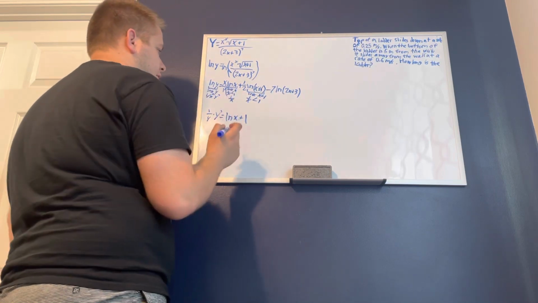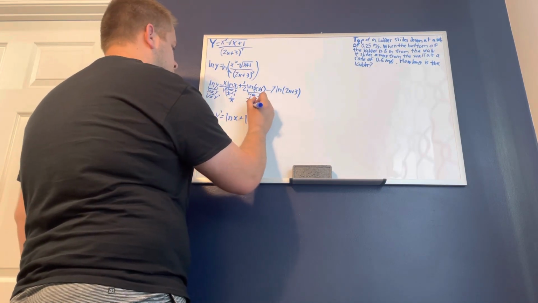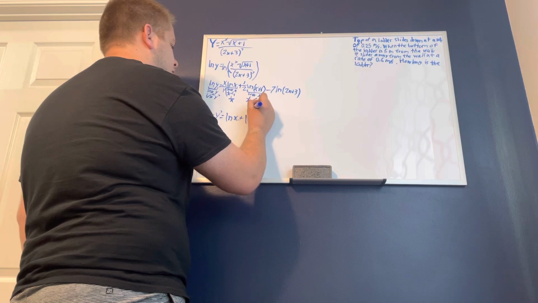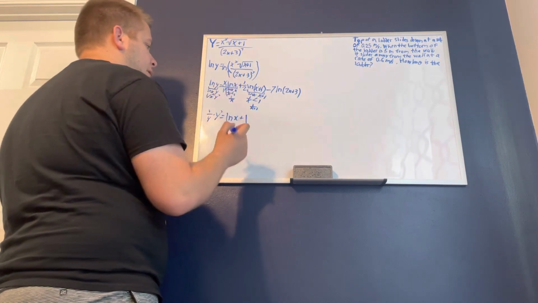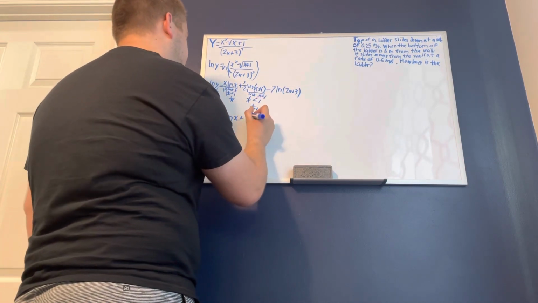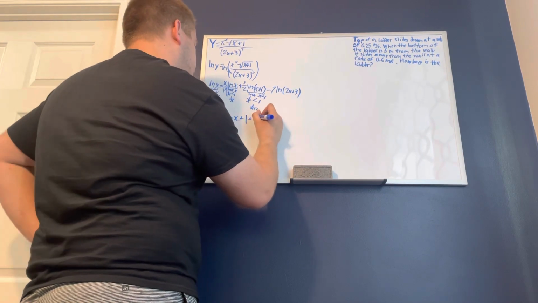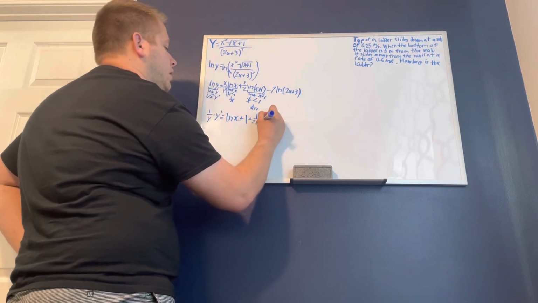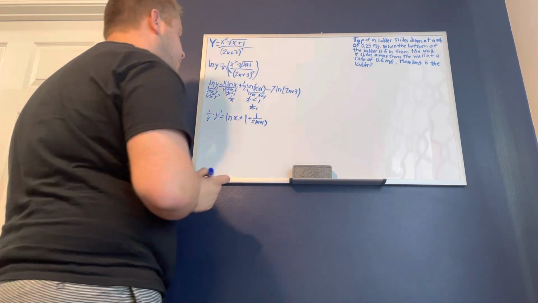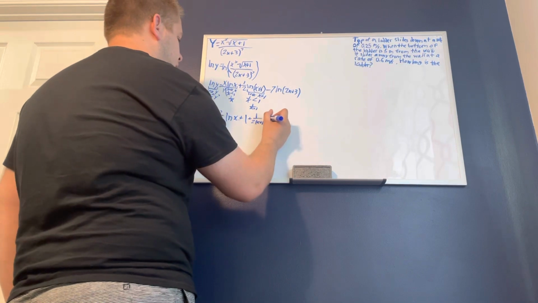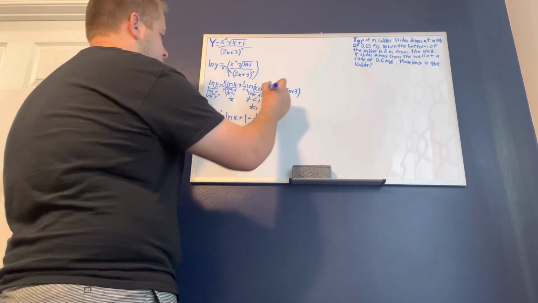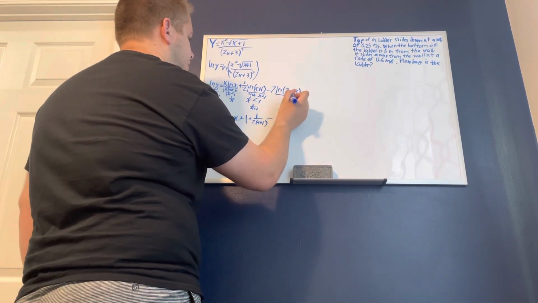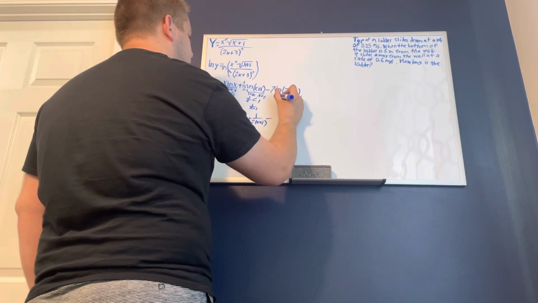The derivative of ln(x plus 1) is 1/(x plus 1). And multiplying that by 1/2, we get 1/(2 times (x plus 1)). Then we do 7 ln(2x plus 3). Use the chain rule once again.